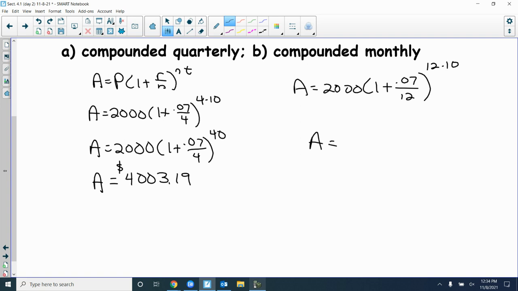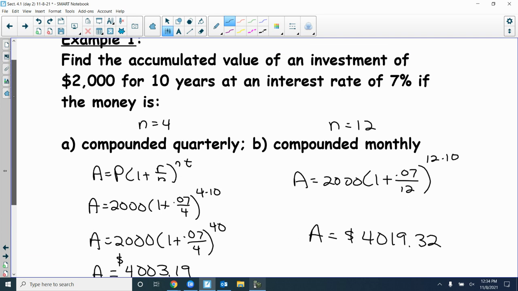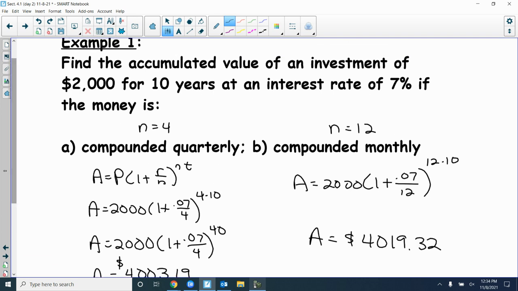You're right, thank you. And then what'd you get for your amount? $4,019.32. Okay, so you get about 16 extra dollars. You can get a large pizza in the end. So monthly will give you more. It's not going to give you infinitely more, but it'll give you more, and it adds up over the course of months and years.